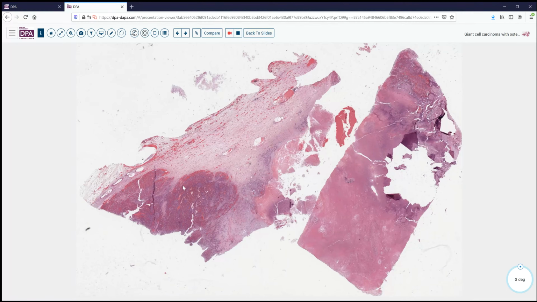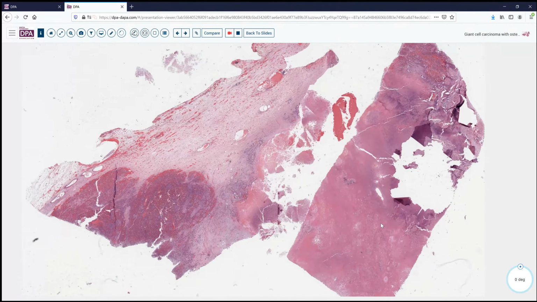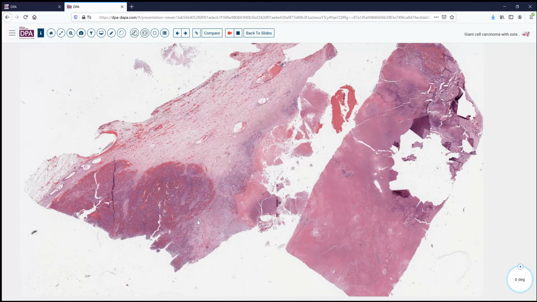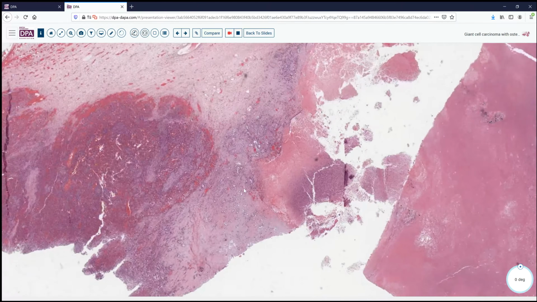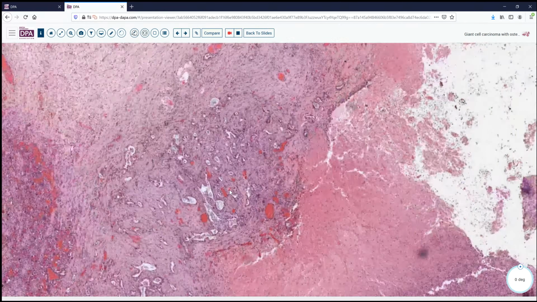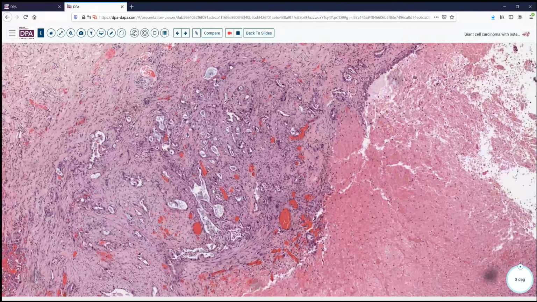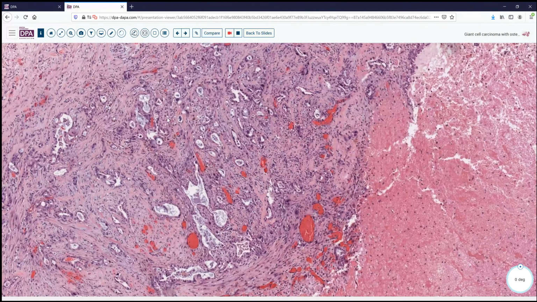And it's clearly invasive and destructive of the pancreatic parenchyma. Of note, however, the tumor has a component of glandular differentiation with small glandular formations and atypical cells, some mucinous material in the lumina of these cells.